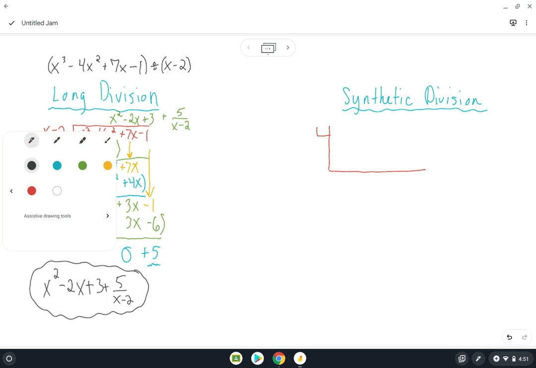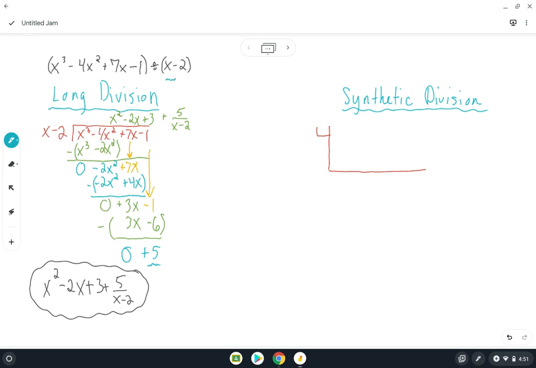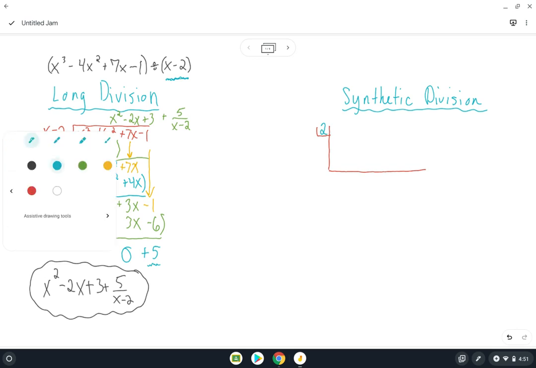And then we want to take what we're dividing by here. We want to figure out what would set that binomial equal to 0. So what value of x would make that equal 0? And the answer is 2.